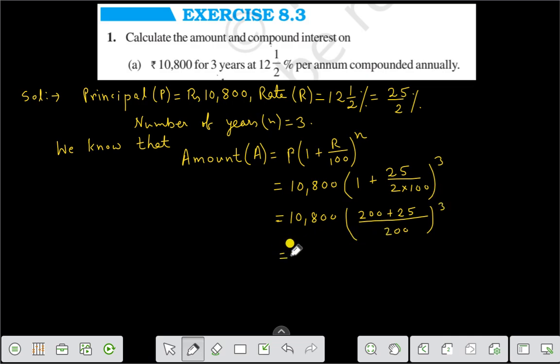Then we are getting 10,800 into 225 by 200 into 225 by 200 into 225 by 200.